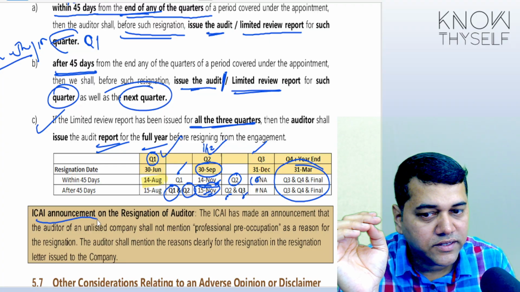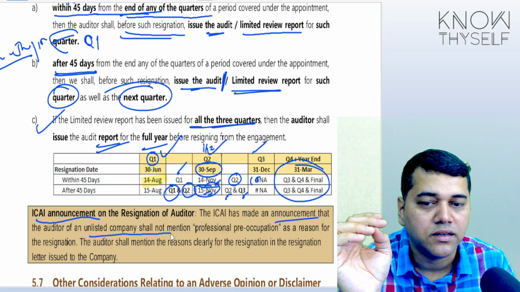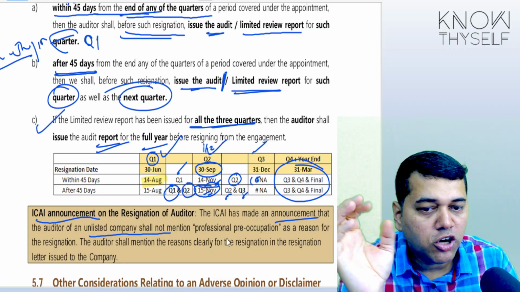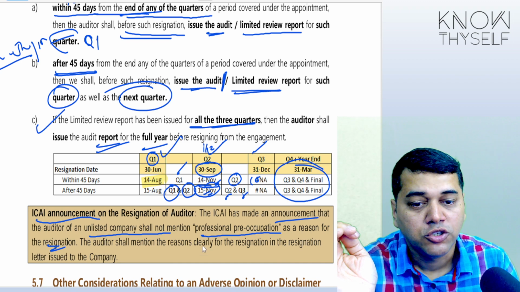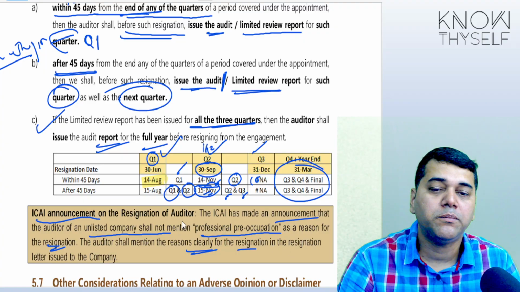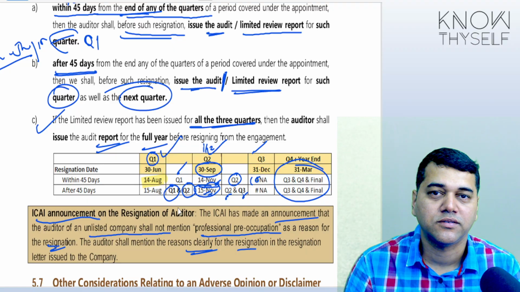Now, one more thing ICAI said. ICAI made an announcement that the auditor of a listed company should not mention professional preoccupation as a reason for resignation. You should mention the reason very clearly in the resignation letter. Now, you are trying to become very diplomatic, saying due to my professional reasons.